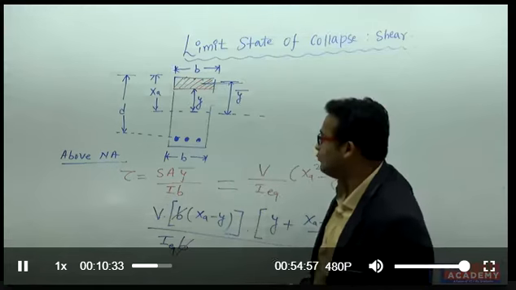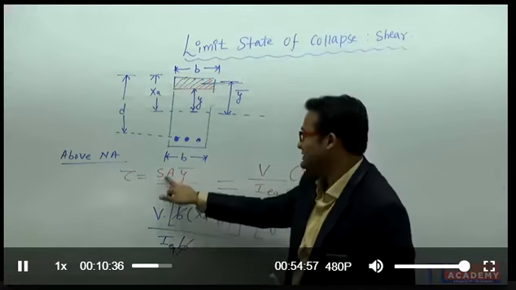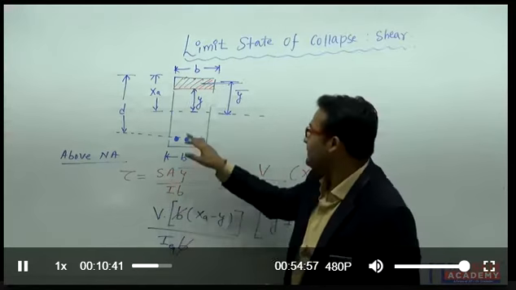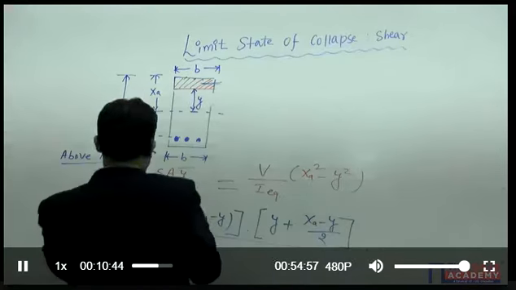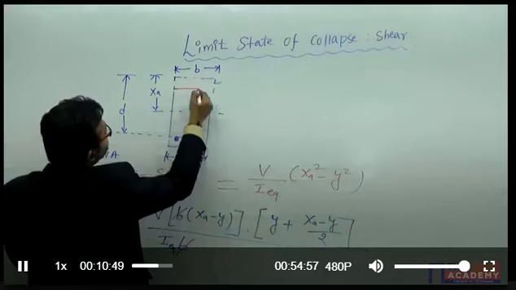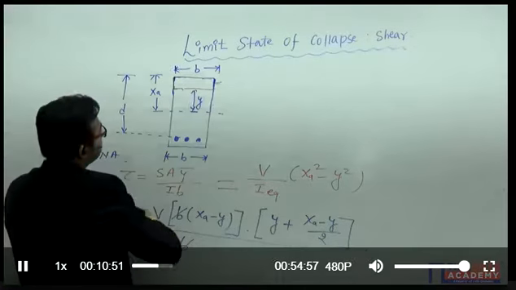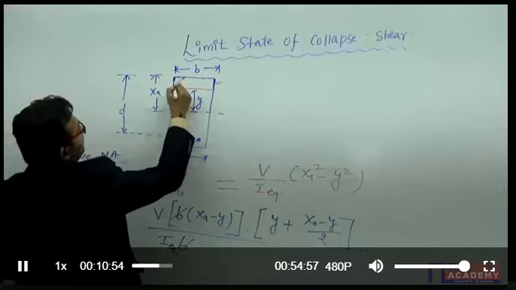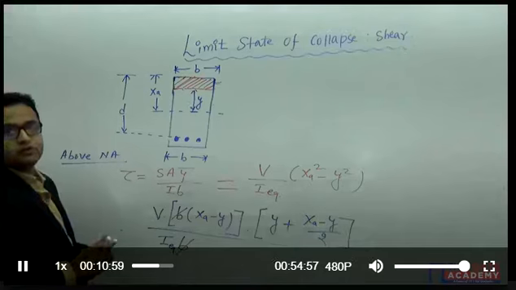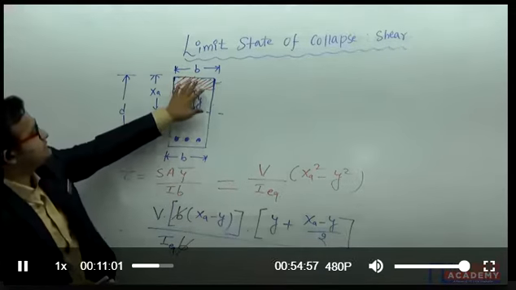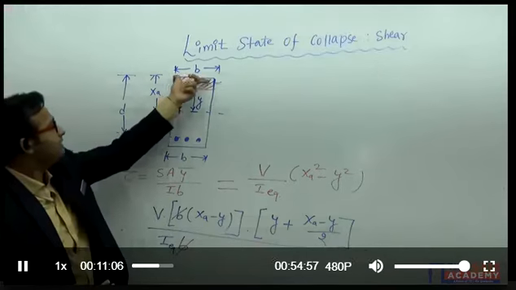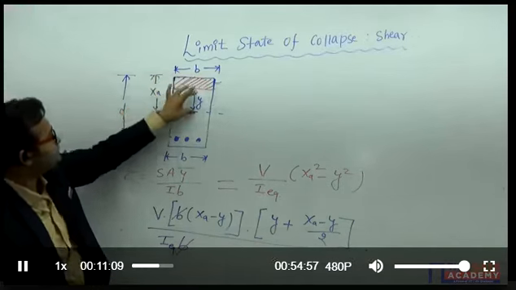Now S is the shear force. Suppose the shear force V is acting. The A means this area only. So what is the area? This dashed area is B into (XA minus Y).